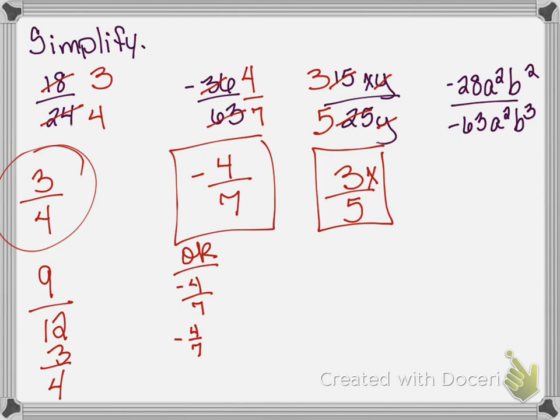Now, you will see it less often: 4 over negative 7. All 3 of those mean exactly the same thing, and all 3 of those are correct. So I want you to realize you can put that negative sign anywhere. What's the one thing you can't do?